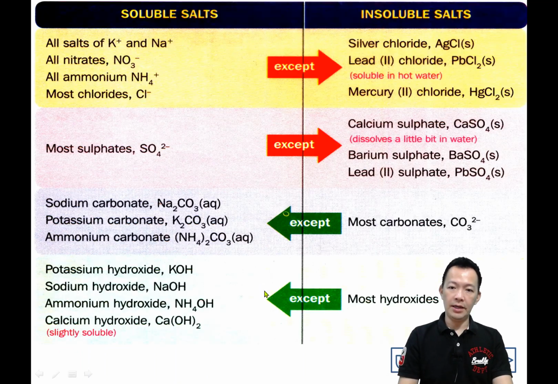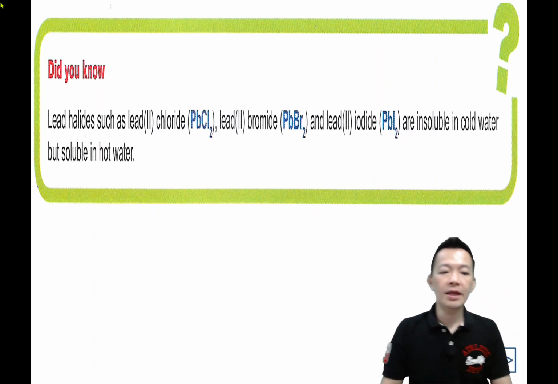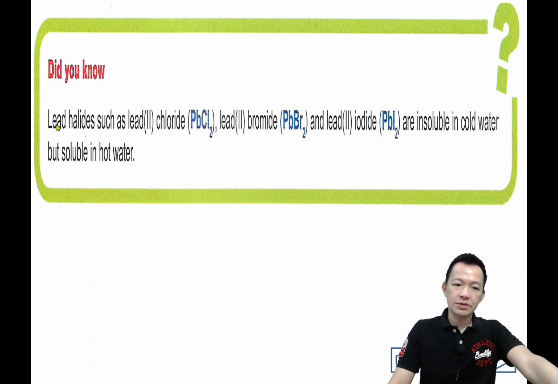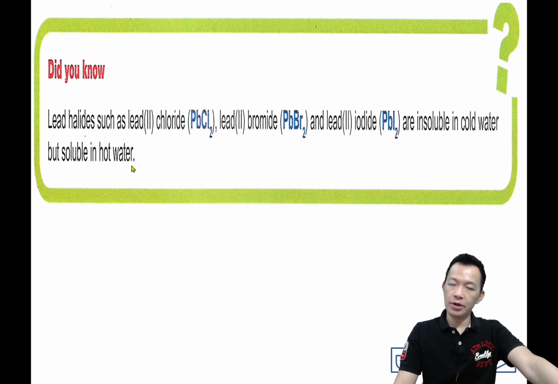这个 title 完了。And now 还有一点要补充。Did you know 你的 textbook 来的吗？Lead halide, lead 就是一种金属 halide 就是那种 halogen 的离子叫 halide, OK, 就是 chloride, bromide, iodide 它们都叫 halide. So lead halide such as lead chloride, lead bromide, lead iodide, they are insoluble in cool water but soluble in hot water.